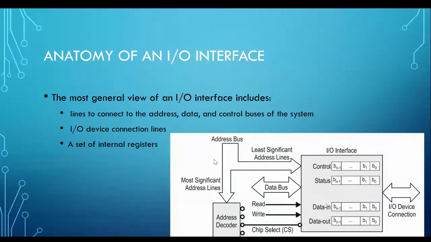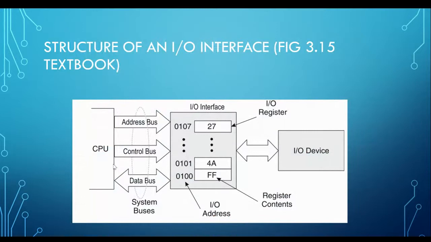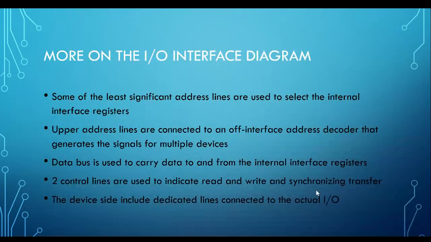This is actually going more and more in depth. All you need to know is that more or less you have your CPU, your bus, your memory associated with your I/O, and then you have this. So this picture is just an expansion, a more detailed version of the previous picture.